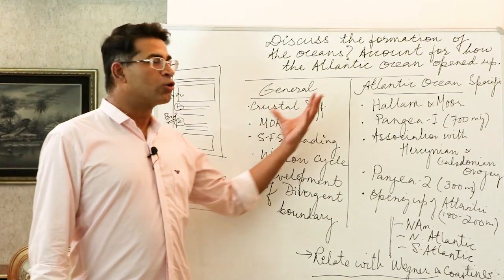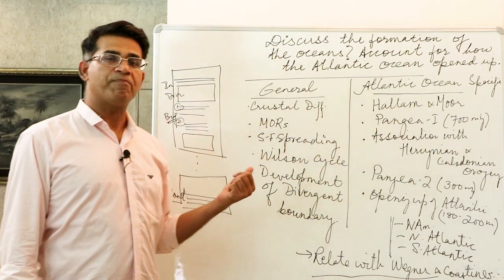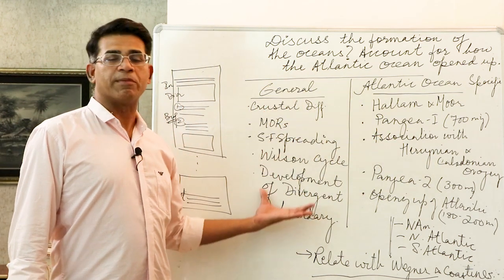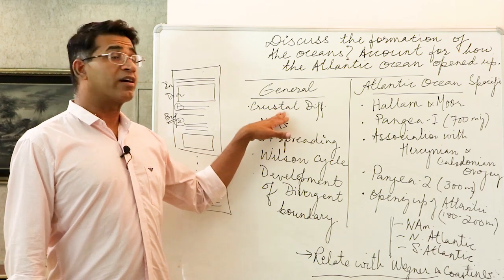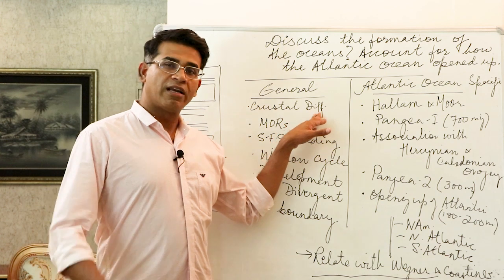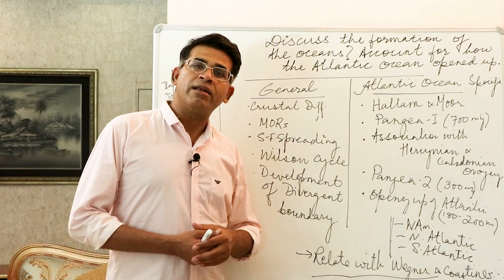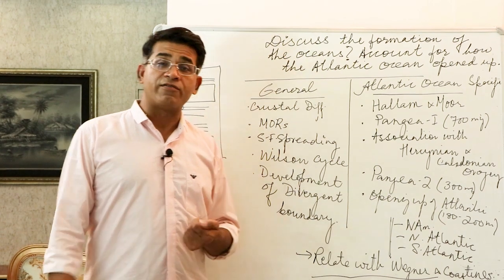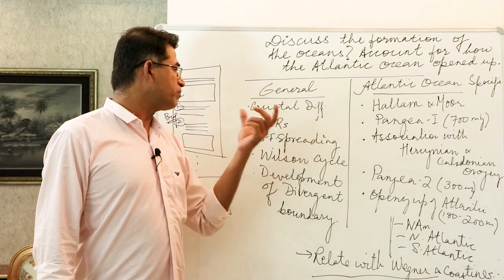Now, there are two sets of concepts here. For your understanding, I have divided them. One is the general concepts, which apply to all oceans. You understand the idea of crustal differentiation. Relate this with partial melting and how the mantle peridotite converts into basalt and the ocean crust is formed.